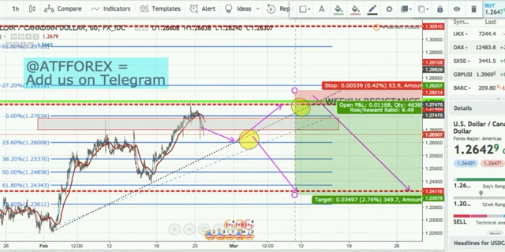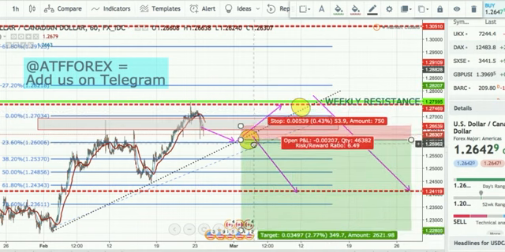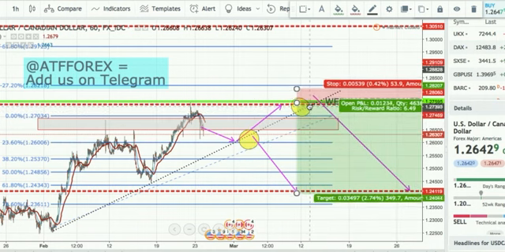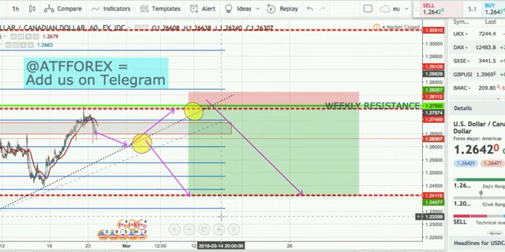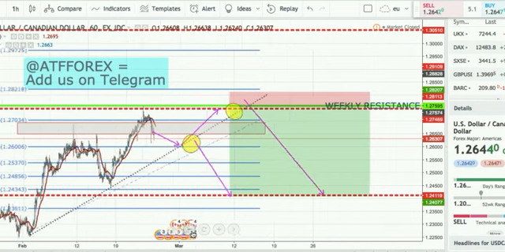For me, I would prefer this trade over here rather than this trade, just for the simple fact of the risk reward, but we'll definitely be shorting this pair back down to the 1.24 level in the near future.